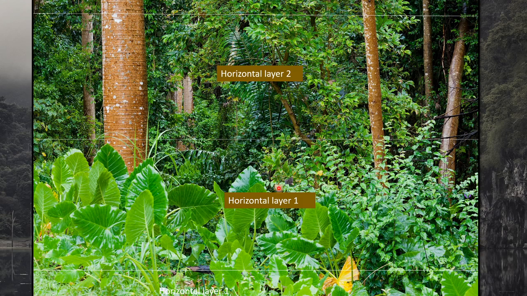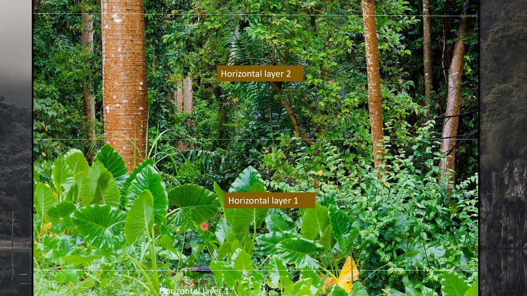So for example, in this horizontal layer, there are many species present almost of the same height, right? So these are sub communities. So this is one sub community. Like this, there could be another sub community, right? So this horizontal layer has different species present, but more or less these are homogeneous.